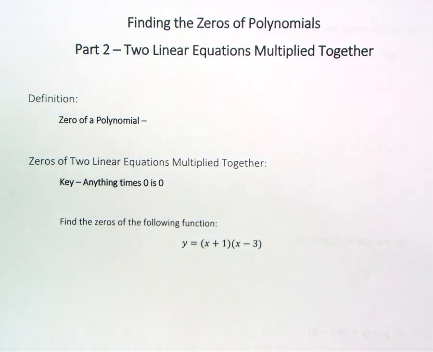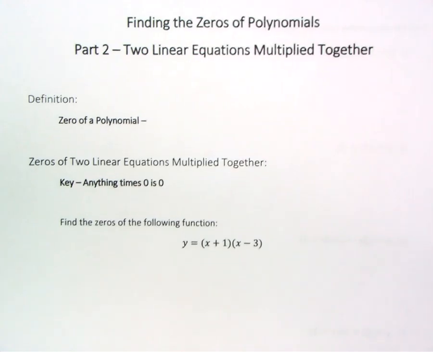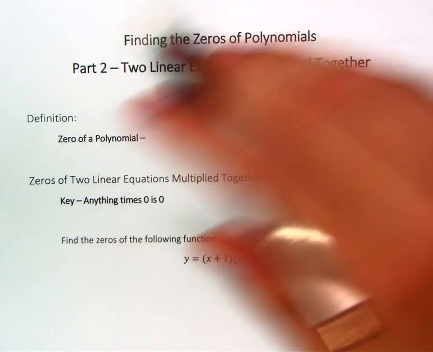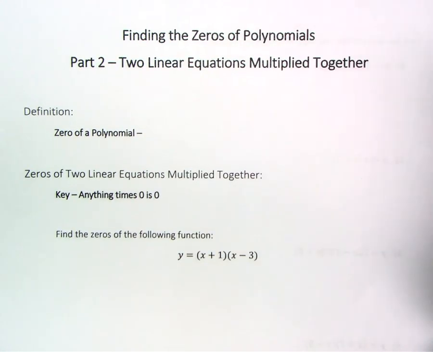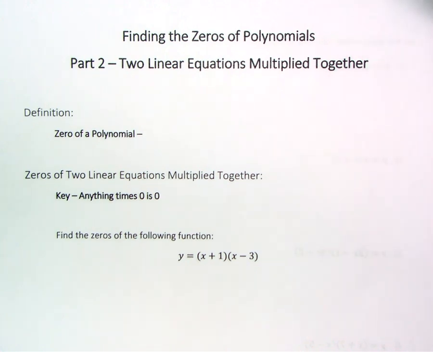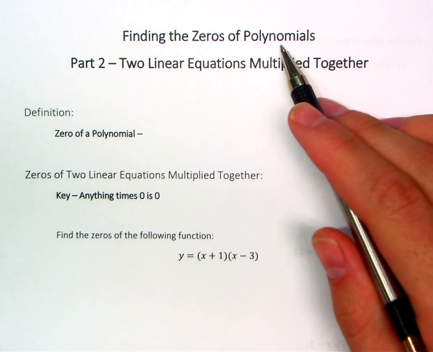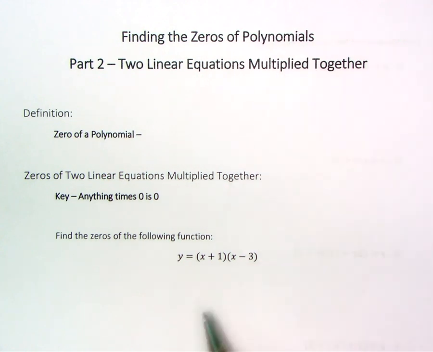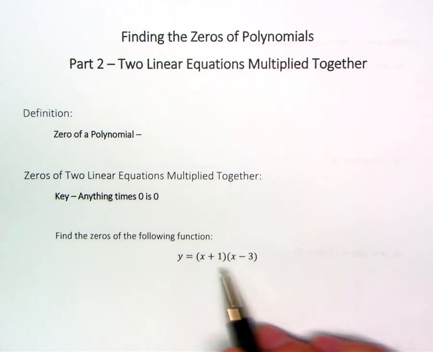Hello class. In this video, this is part 2 of finding the zeros of polynomials. So in this video we're going to be talking about finding the zeros of polynomials when the polynomials are actually two linear equations multiplied together.